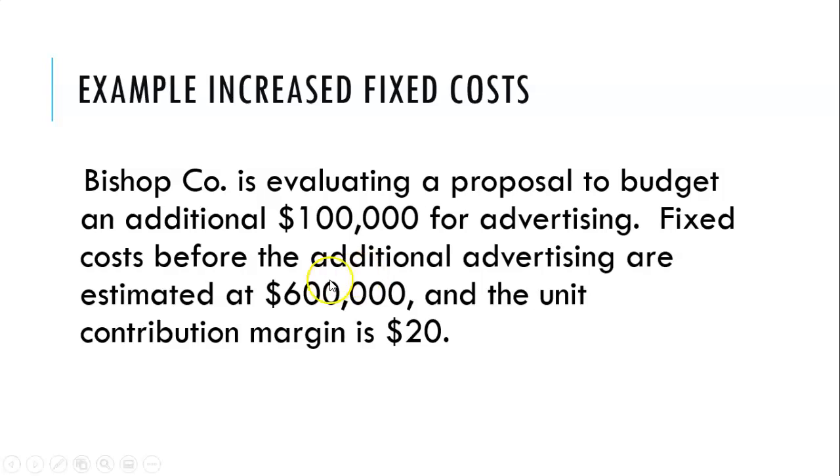It's not that we spend so much for every unit we sell. We spend a flat $600,000, so that's a fixed cost. We're thinking about doing an extra $100,000, so we'll have a total of $700,000 of fixed costs of advertising. Okay, our unit contribution margin is $20.